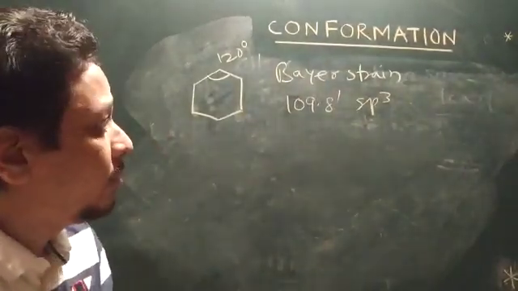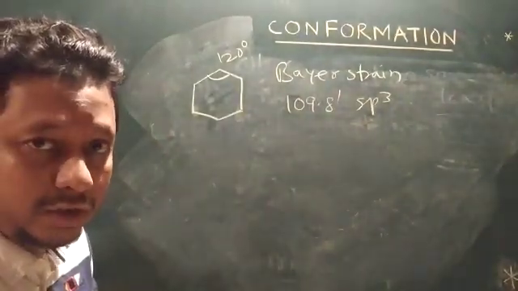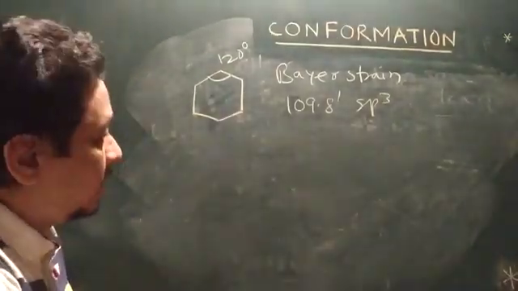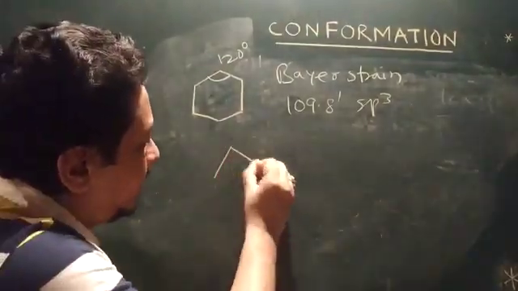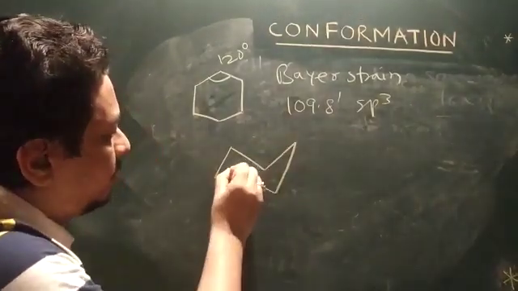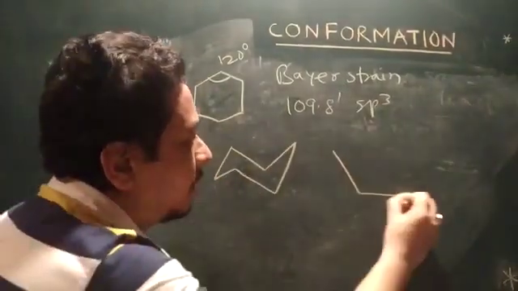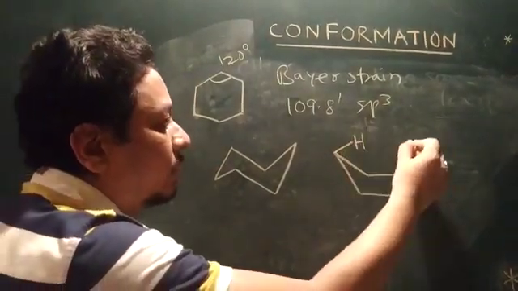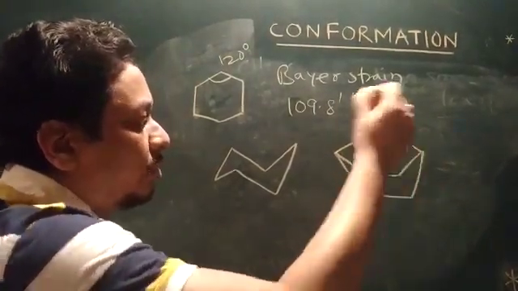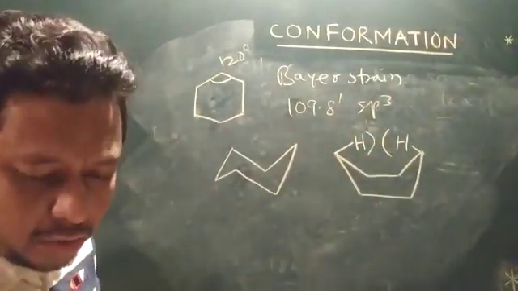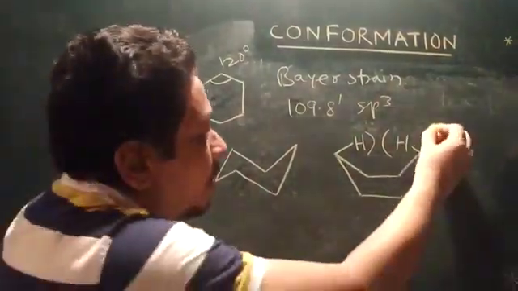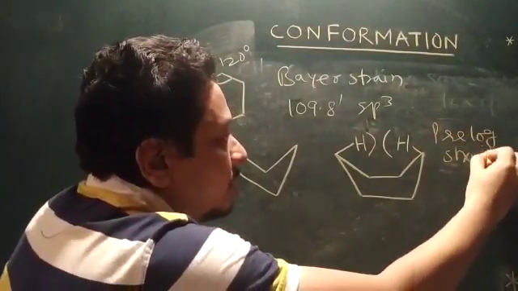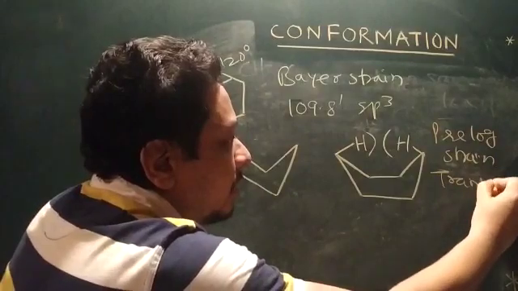So carbon wants to adopt this bond angle, which is the more stable tetrahedral form. That's why cyclohexane can take up a chair form or a boat form. But in the boat form, the hydrogens are quite close, which can again show the van der Waals repulsion, known as transannular strain or Pitzer strain.